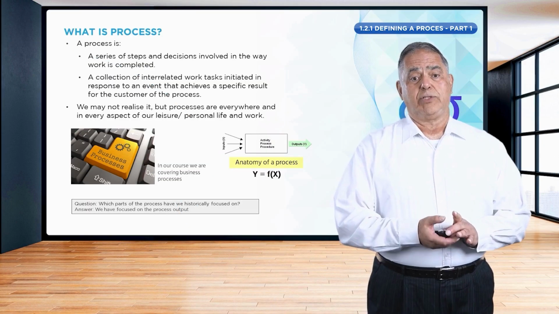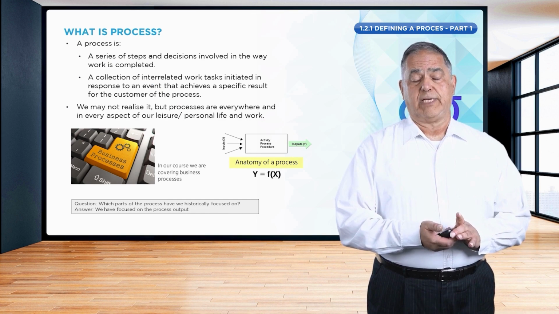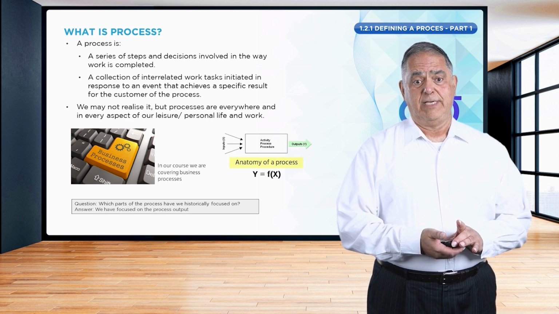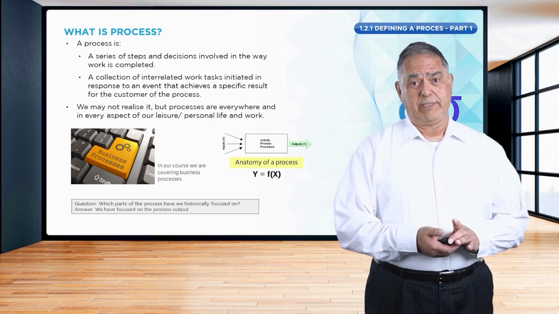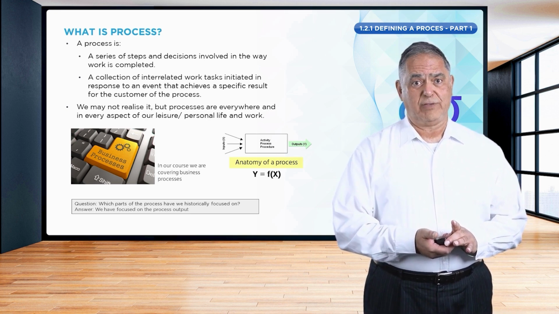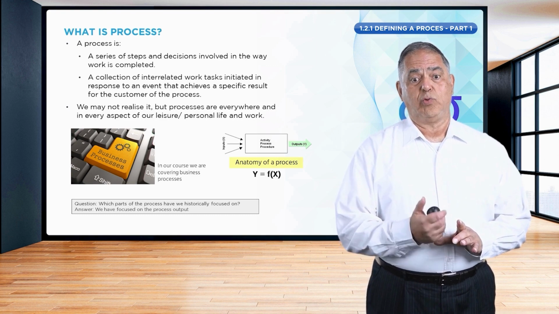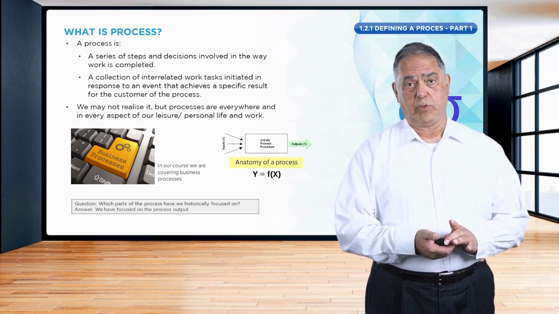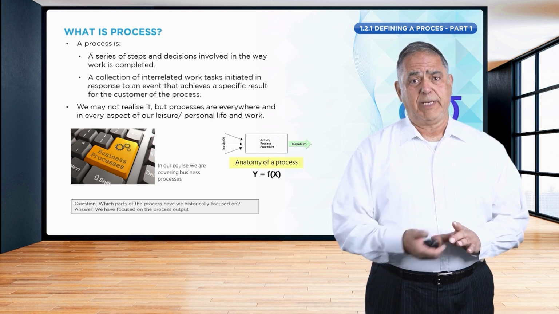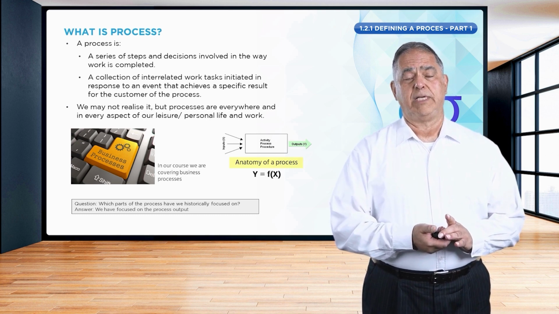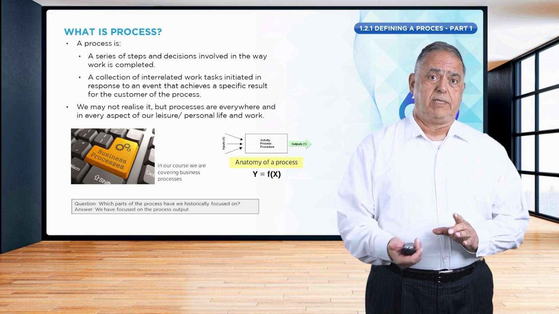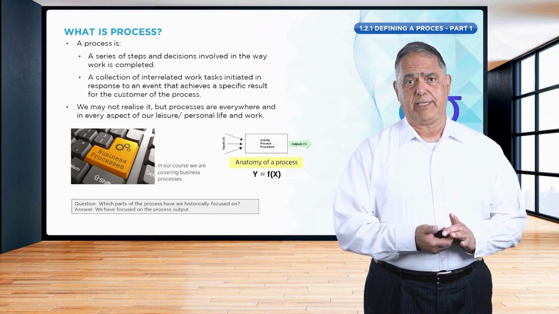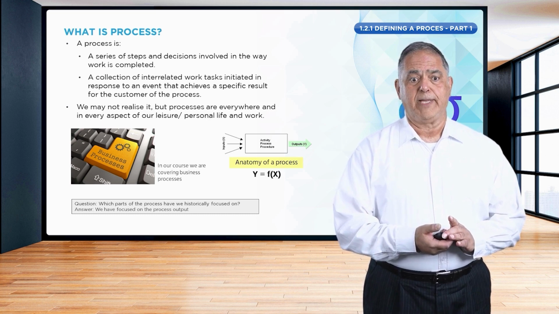It is a collection of interrelated work tasks initiated in response to an event that have to be completed in a very specific order in order to achieve a specific result for the customer or the process. Typically, a process output is either something tangible, like a product, or something intangible, like a service.